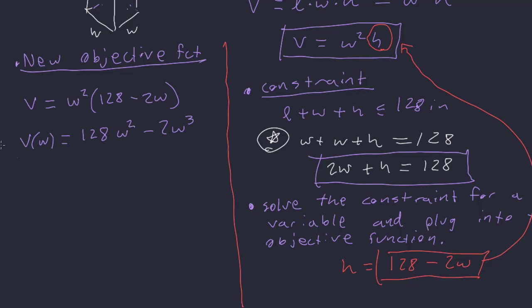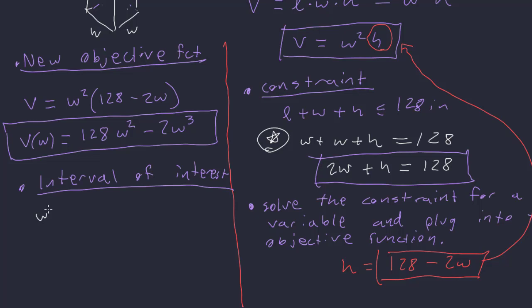Now, when they ask you for the interval of interest, I would use this factored version, because if you set this equal to 0, you get that w is 0, or here 128 is equal to 2w, so w is equal to 64.